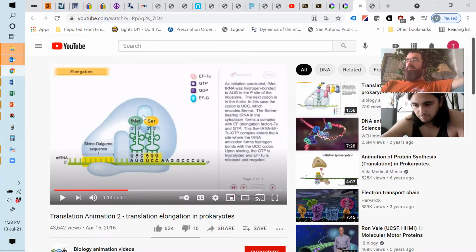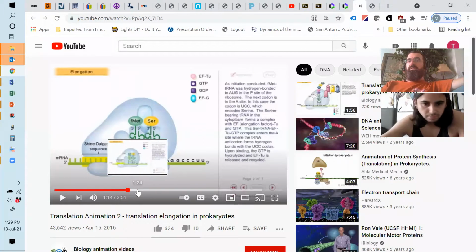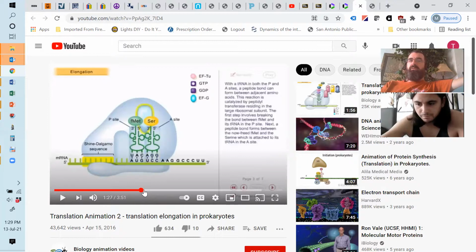This amino acid is cut off of the tRNA. First, this is carried out by the ribosomal RNA, which you can see like so. And again, you can watch this on your own. I'm not playing it for you because for some reason the sound doesn't come through on Zoom from videos that I play on the internet.